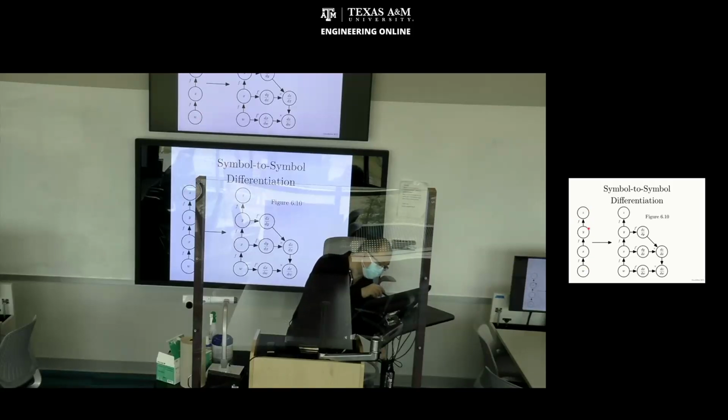To calculate the gradient, we can calculate dz/dy, and then multiply it by dy/dx, which gives us dz/dx. Then we multiply that by dx/dw, and that eventually gives us dz/dw. So that's what we want.